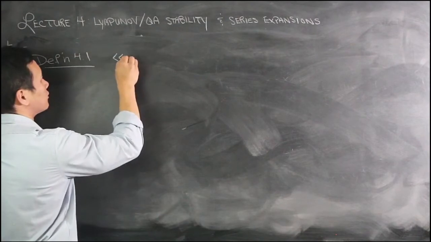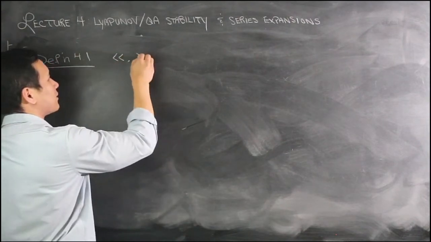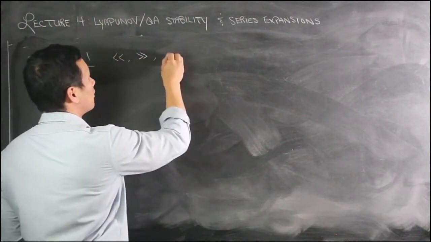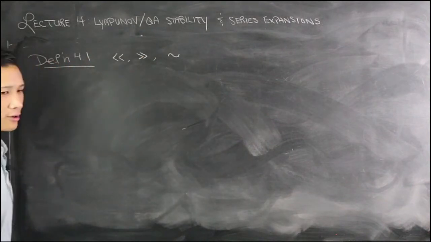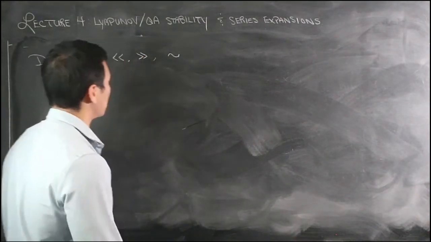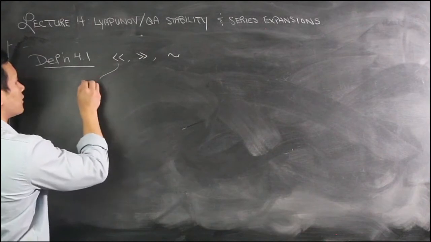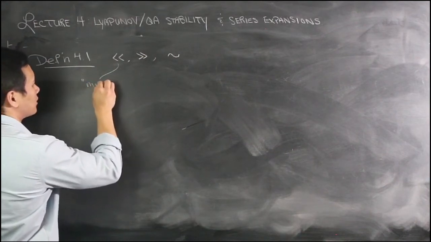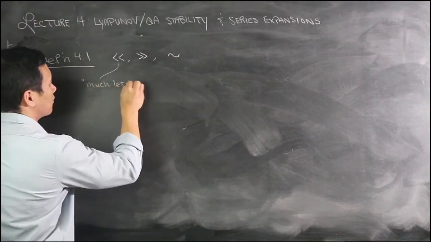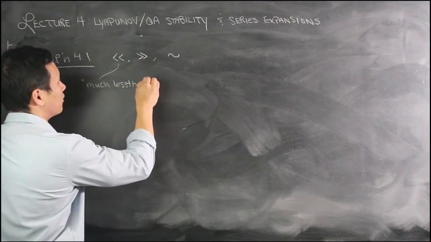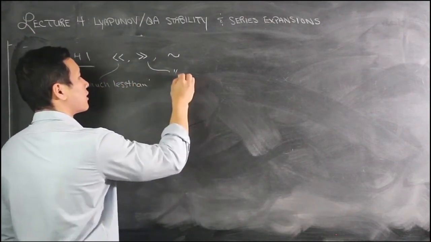And we're going to introduce that symbol there, much less than, that symbol there, much greater than, and that symbol there, tilde, or similar to, or asymptotic to. So this guy is much less than. This guy is much greater than.